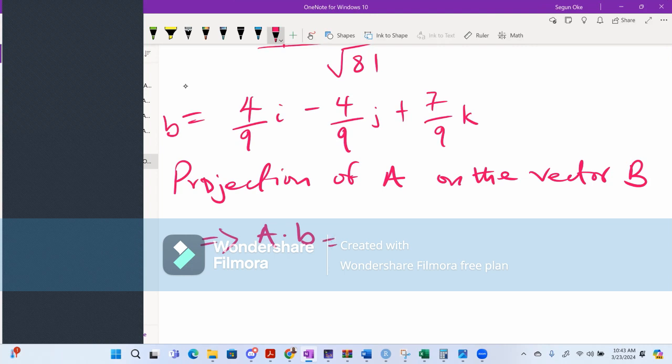What is A? i minus 2j plus k, dot small b, which is your unit vector, 4 over 9 i minus 4 over 9 j plus 7 over 9 k.